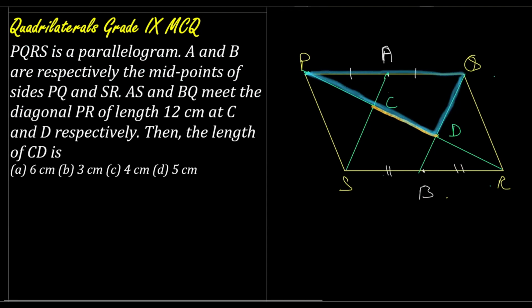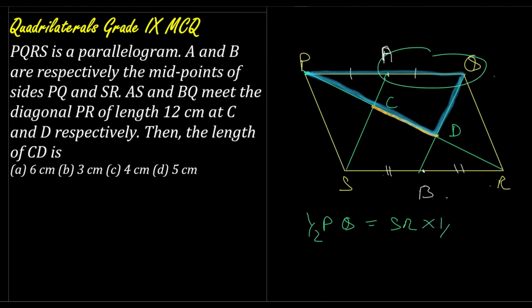So we can say from here that the length PQ is equal to SR. So their halves will also be equal. Half of PQ I can write AQ and half of SR I should write BS or SP. Now even these two lines should be parallel, as parts of parallel lines are parallel.